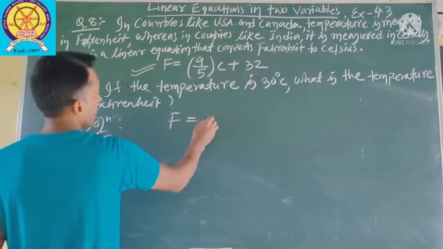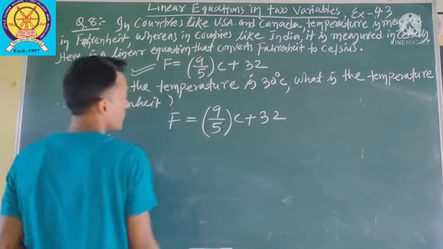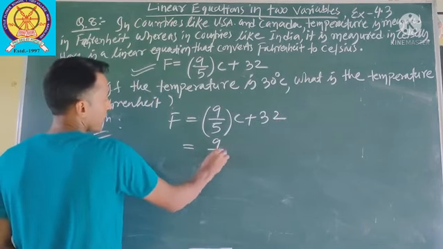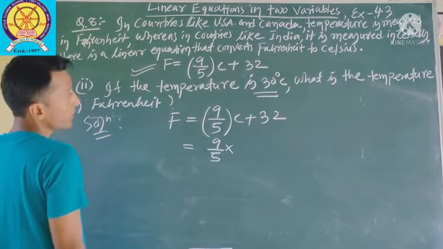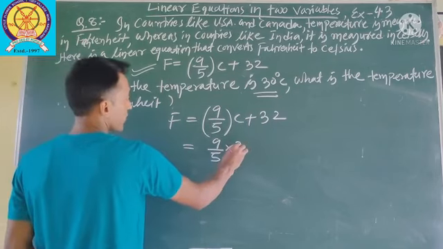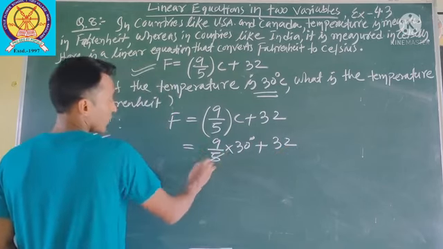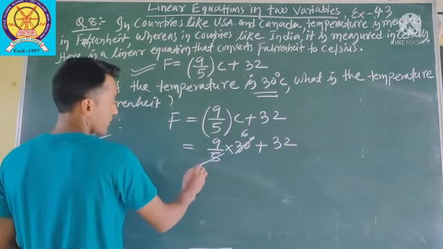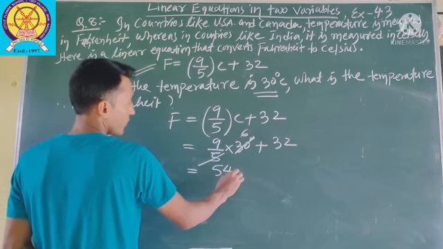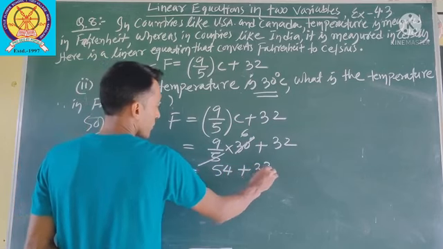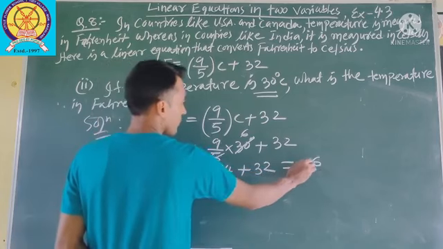So you write down the given equation first: 9 by 5 Celsius, given 30 degrees, plus 32. 5 into 6 is 30, 6 into 9 is 54, plus 32. 2 plus 4 is 6, 3 plus 5 is 8.